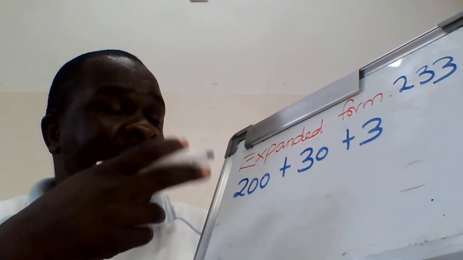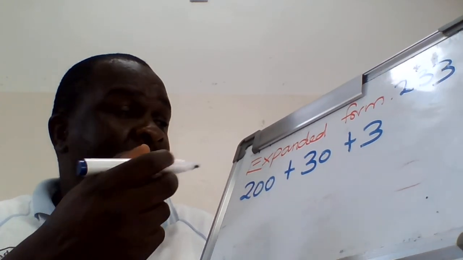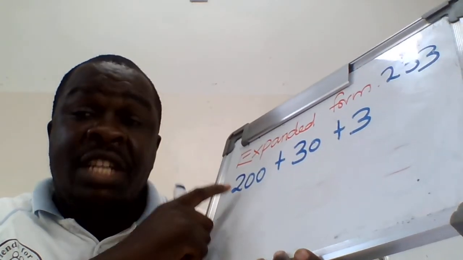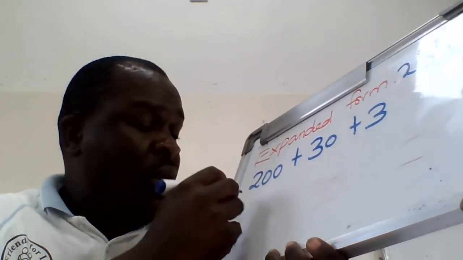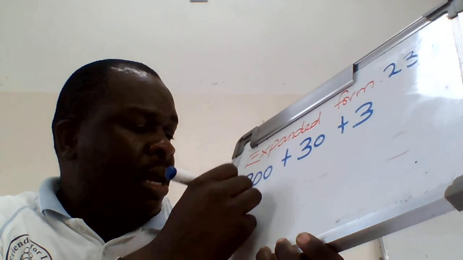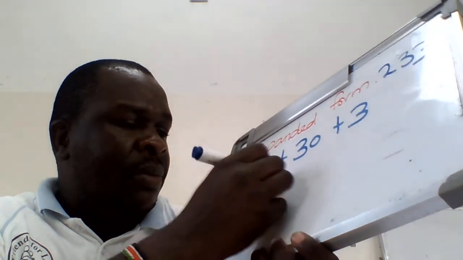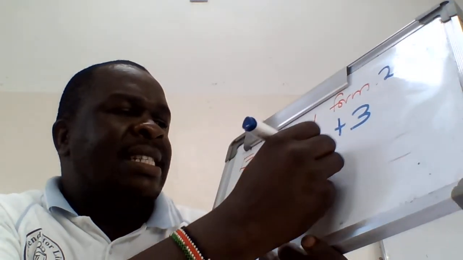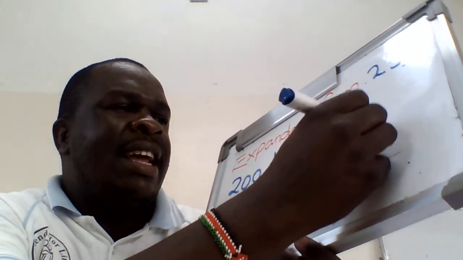How else can you write it? You can write it maybe as 200. We can split 200 so that we have 100 plus 100. You see, the 200 is 100 plus 100 plus 30 plus 3.